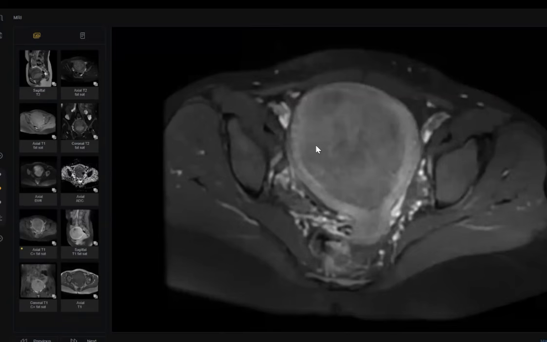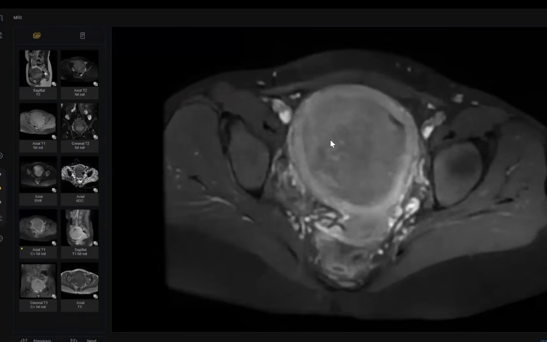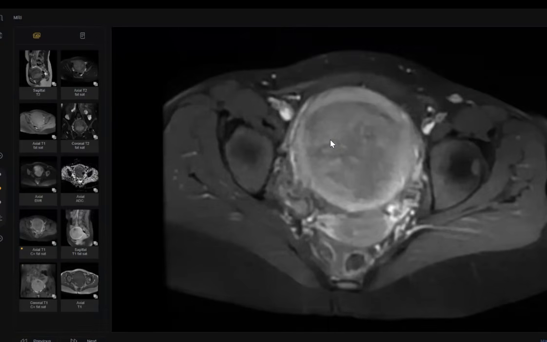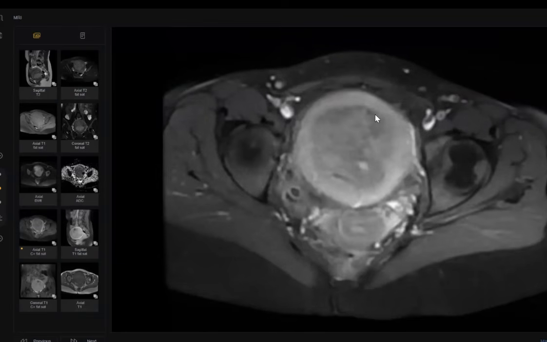Because it is hypo-enhancing. Why is it hypo-enhancing? Because I'm talking about the typical endometrial carcinoma. The typical one is hypo-enhancing because it is adenocarcinoma. But in our case, it has a part which is hyper-enhancing. It is this part, as it is hyper-enhancing, this is sarcomatous.